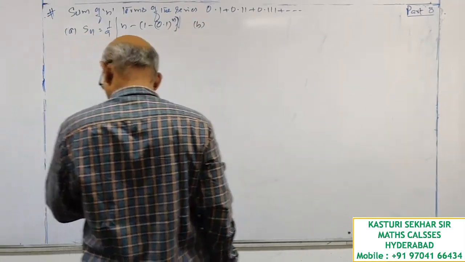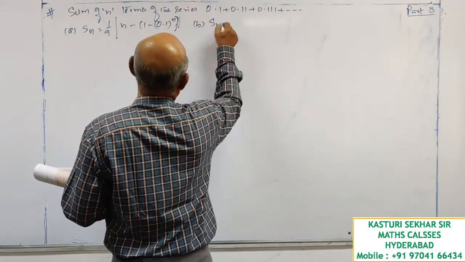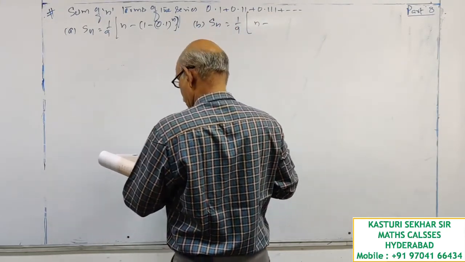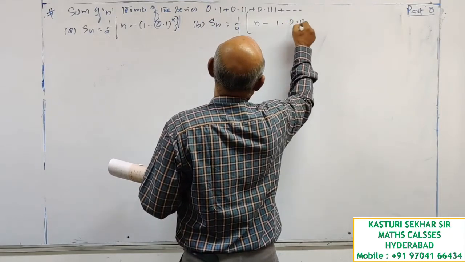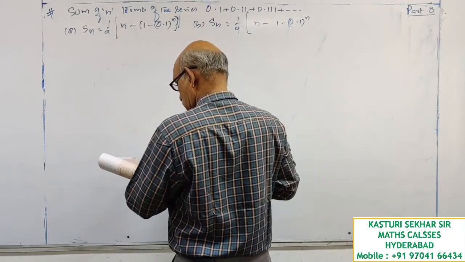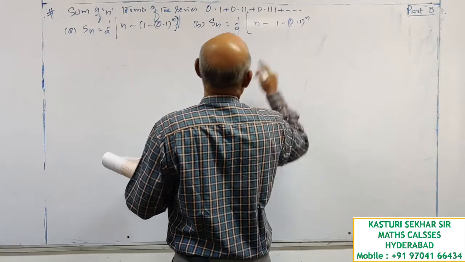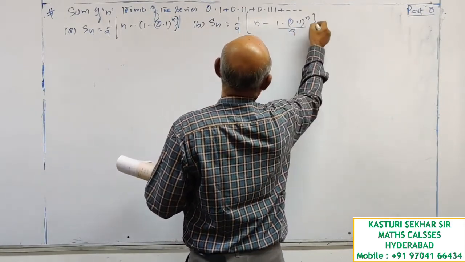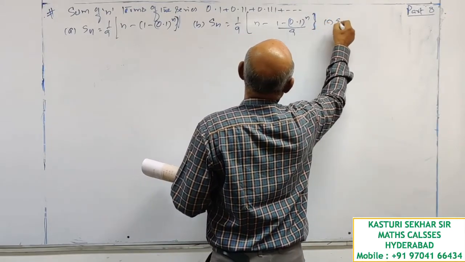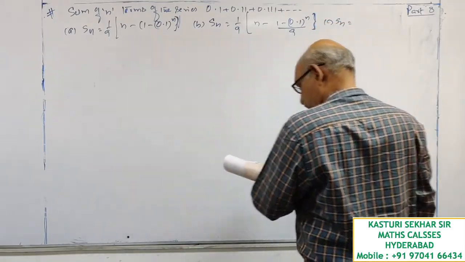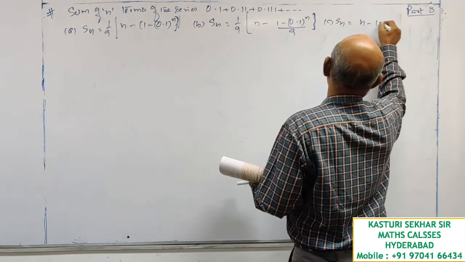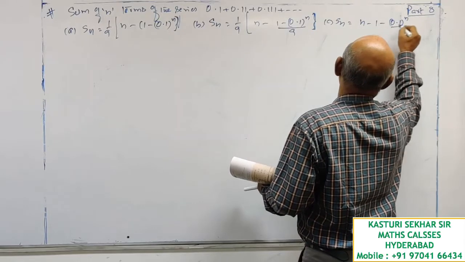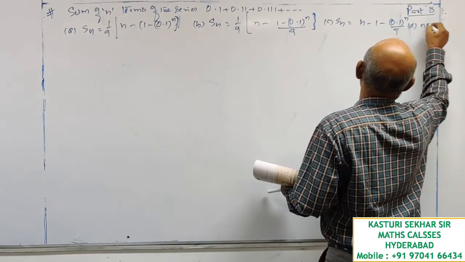Option B, Sn is equal to 1 by 9 n minus 1 minus 0.1 whole power n by 9. Option C, Sn is equal to n minus 1 minus 0.1 whole power n by 9. Option D, none.